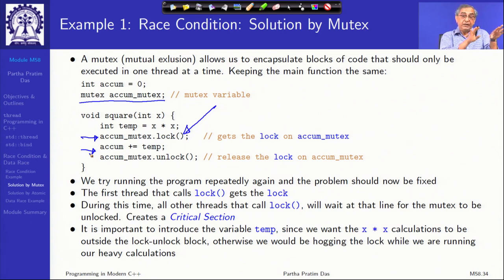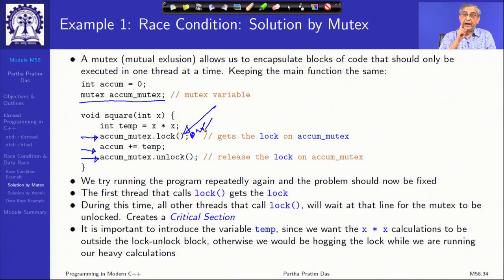Till the thread holding the lock releases it, all other threads keep waiting at this point. When the thread unlocks it, one of the waiting threads will get the lock and proceed, while others wait.